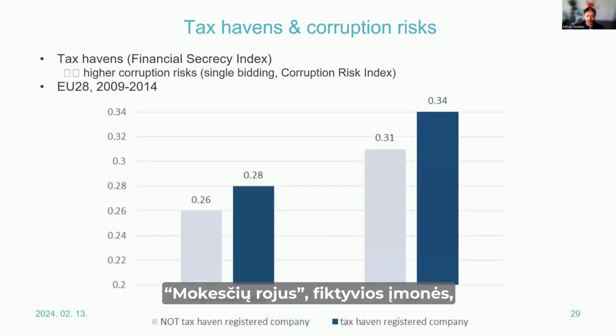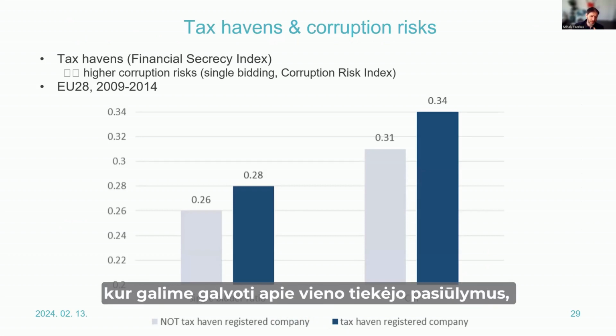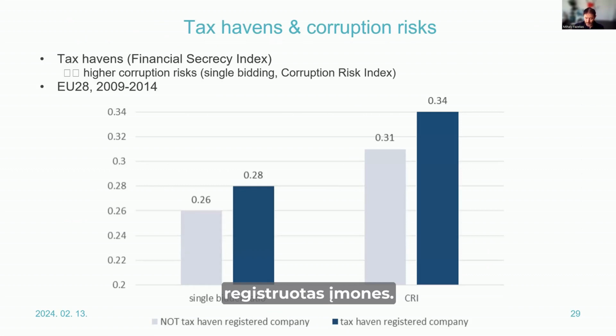Tax havens, shell companies, or opaque company structures are something where we can think about single bidding and shell companies or secrecy jurisdiction registered companies. And you see here, this is data from all across the EU from a few years ago.